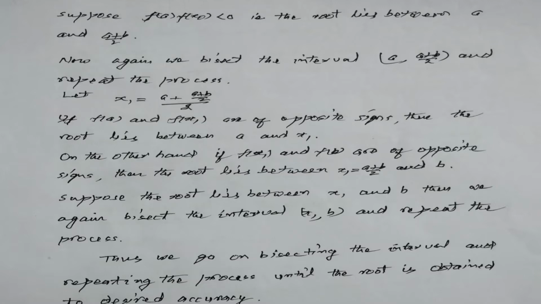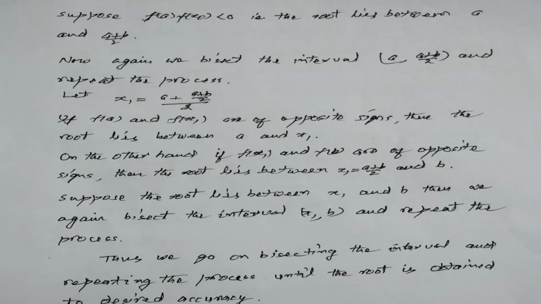Suppose the root lies between x1 and b, then we again bisect the interval x1, b and repeat the process. Thus, we go on bisecting the interval and repeating the process until the root is obtained to the desired accuracy.